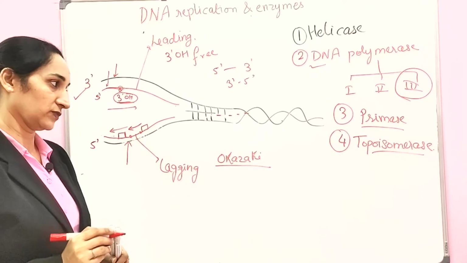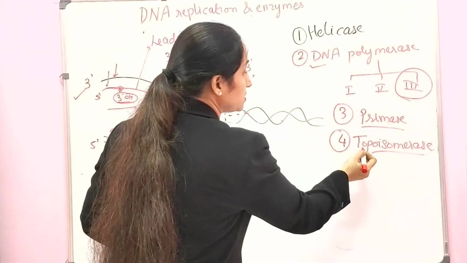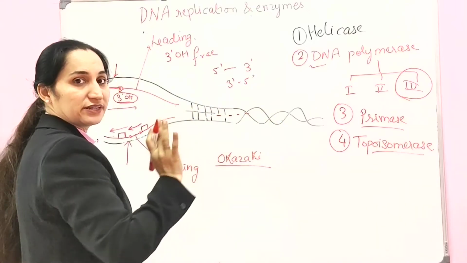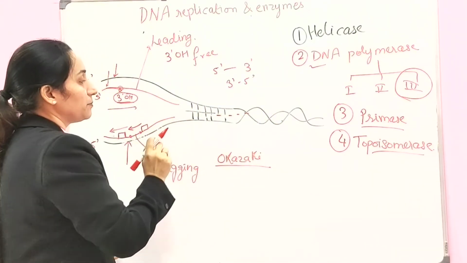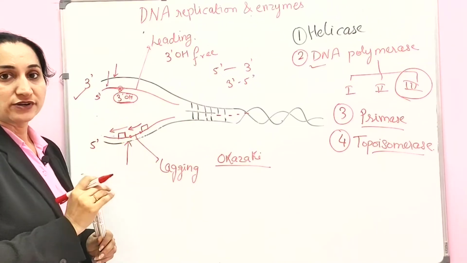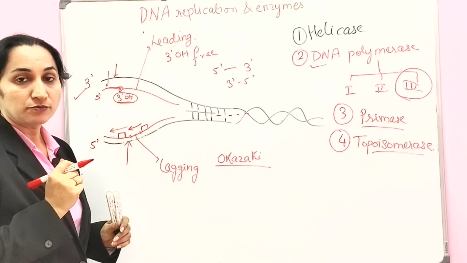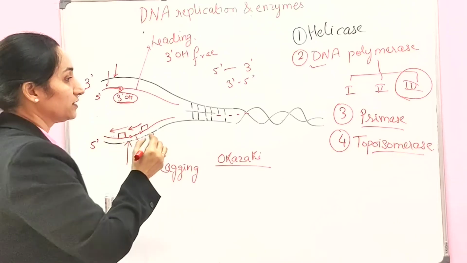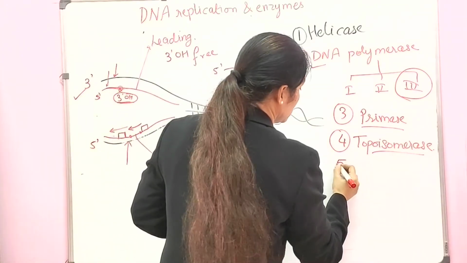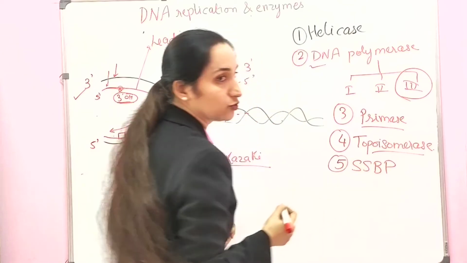Okay. Now the next thing is that this topoisomerase has done its work, but what happens if, after uncoiling of this strand, it coils back again? This is also a possibility. So for that, a few proteins known as single-stranded binding proteins.